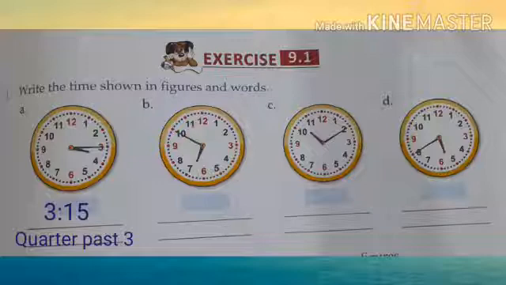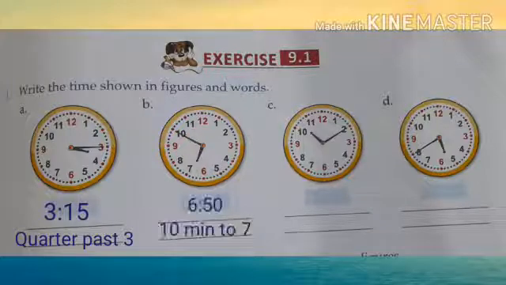So we can say it as 6:50 or 10 minutes to 7. We can also say it as 50 minutes past 6. Now question number C and D, you all will do yourself in your notebook.